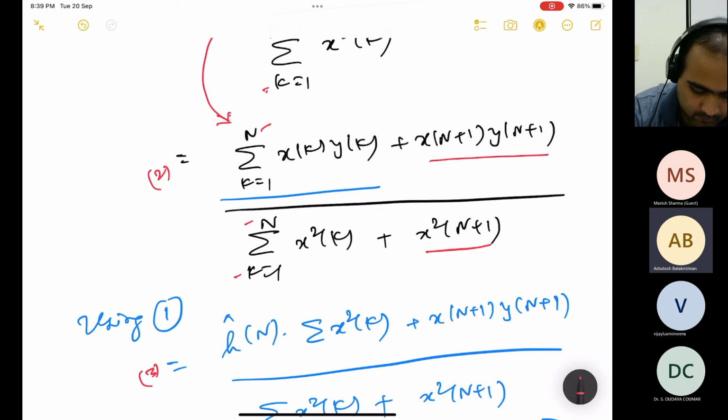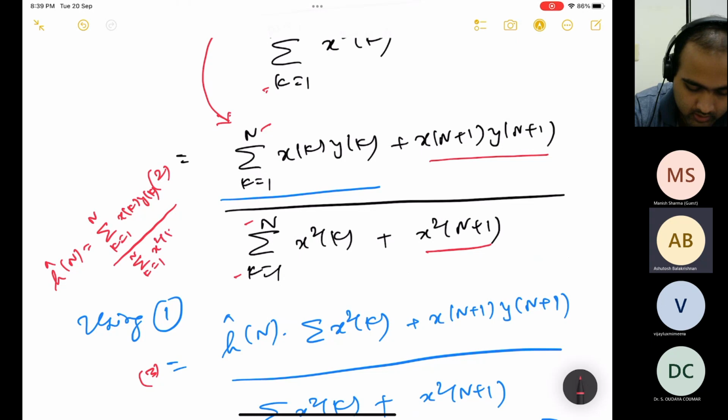So now we are going to use the fact that h hat n is the summation k is 1 to n of xk yk divided by the summation k is 1 to n of x square k.